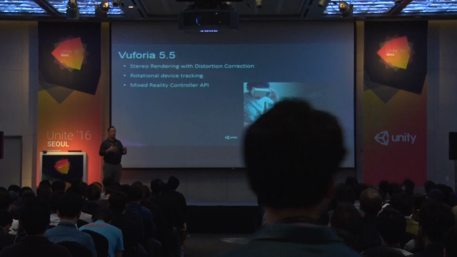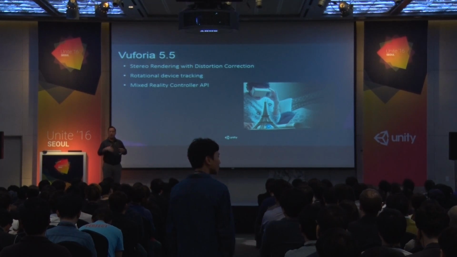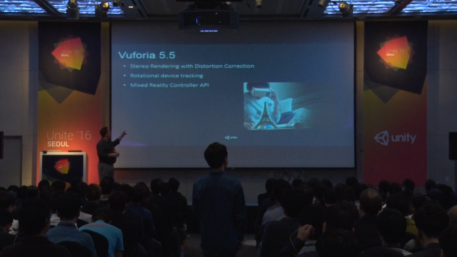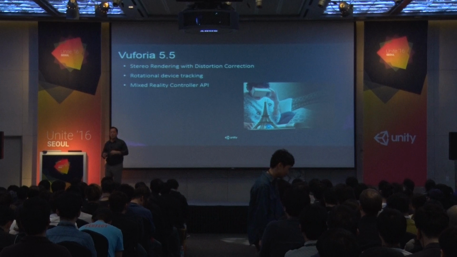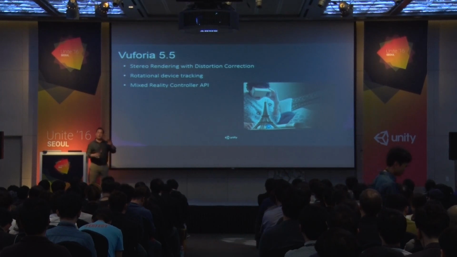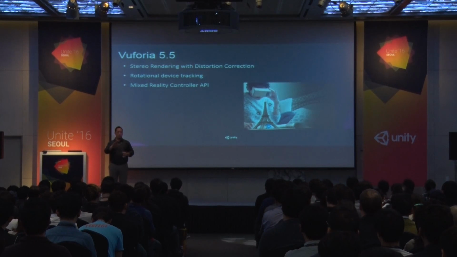You can really deploy an AR/VR app that has full VR functionality right out of the box using Unity. The way we've done this is by introducing support for stereo rendering using distortion correction, head tracking and hand tracking using rotational inertial tracking technology, and a new mixed reality controller API, which is a utility class in Unity that makes it very easy to create experiences that transition between a handheld experience and an eyewear experience, and also to transition between AR and VR.